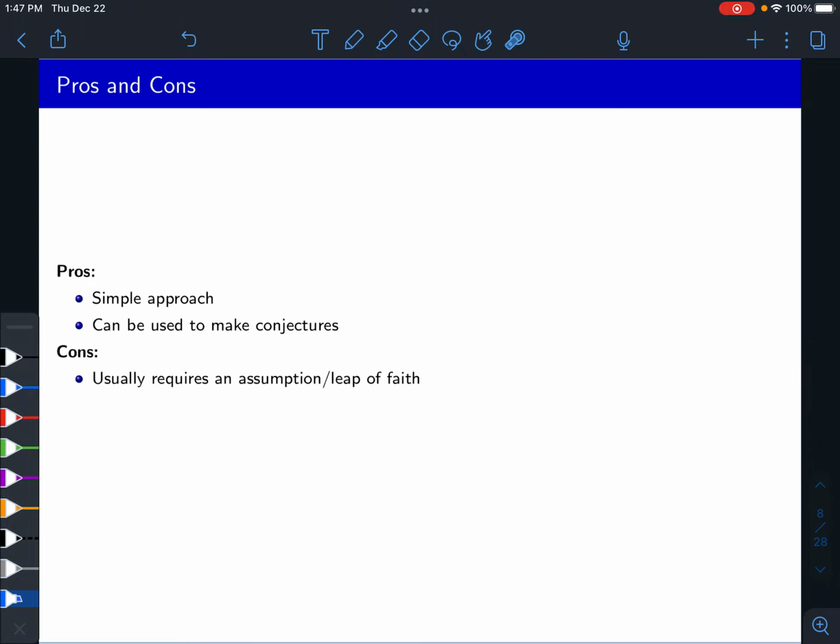As for cons, what I was hinting at already is that it requires you to make an assumption that is not being told to you. So this is kind of a leap of faith that is being made here.